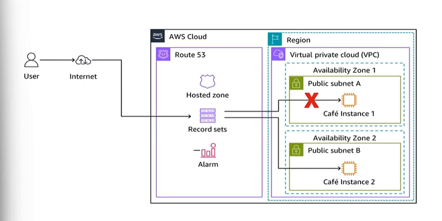The Route 53 health check will also send an alert to our administrator team to inform us about the unreachable instance.